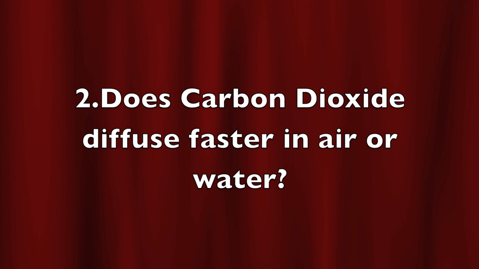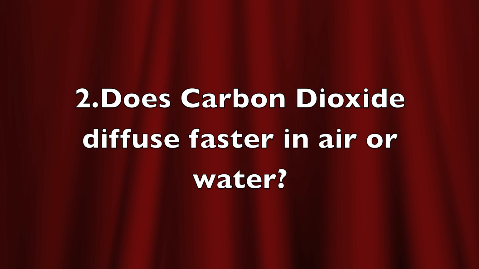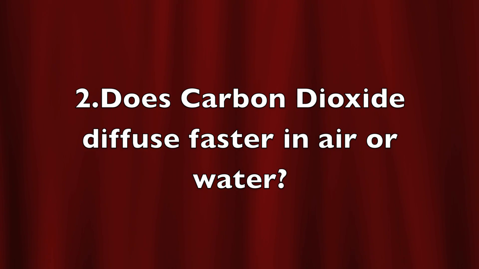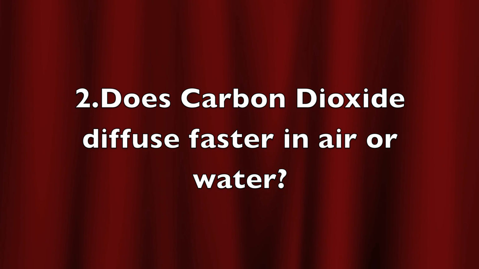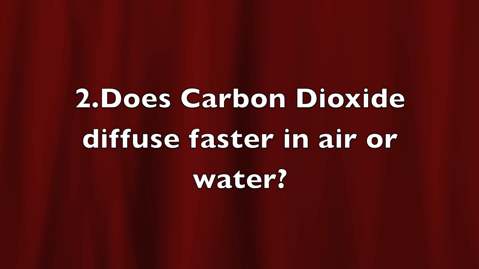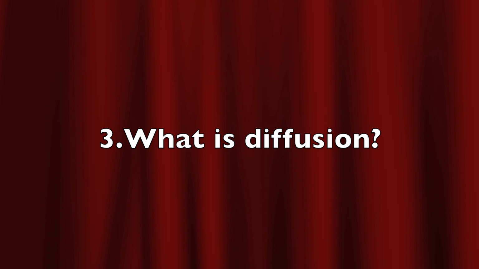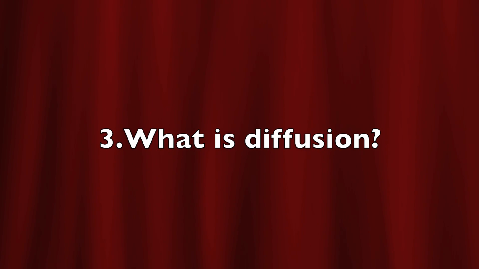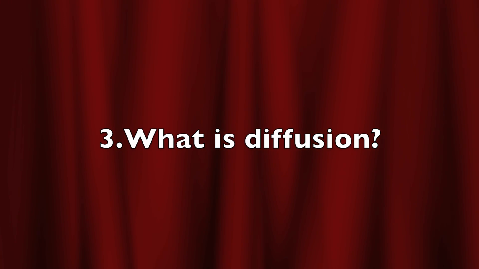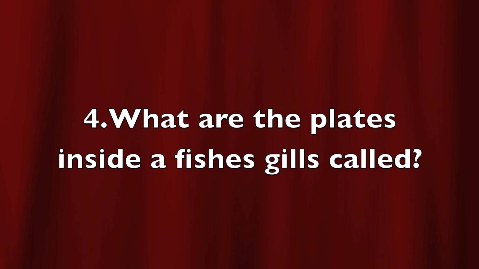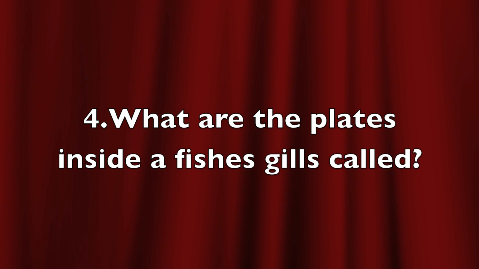Moving on to the second question, does CO2 diffuse faster in air or in water? So the next question is, what is diffusion? What are the plates inside the fish's gills called?